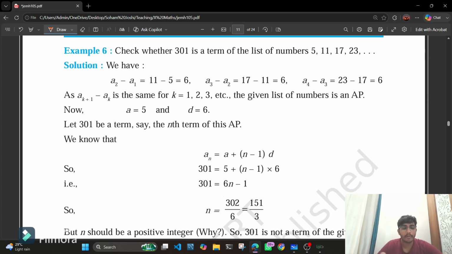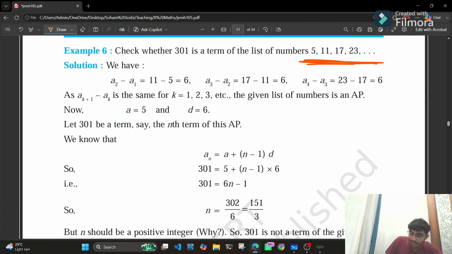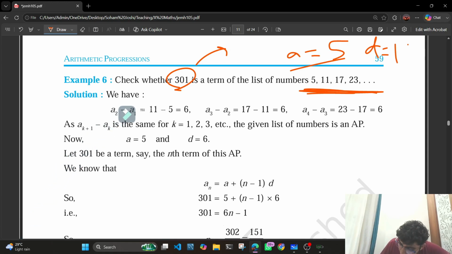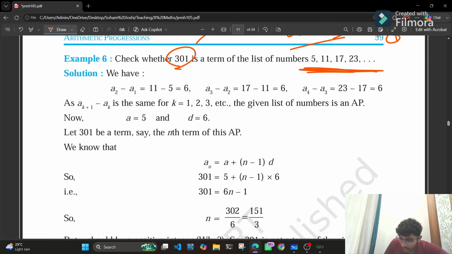Now we will take one more example: check whether 301 is a term of the list of numbers 5, 11, 17, 23 or not. We need to check whether this term exists in the AP. For our AP, A is 5 and D is equal to 6. Let's say 301 is our nth term.